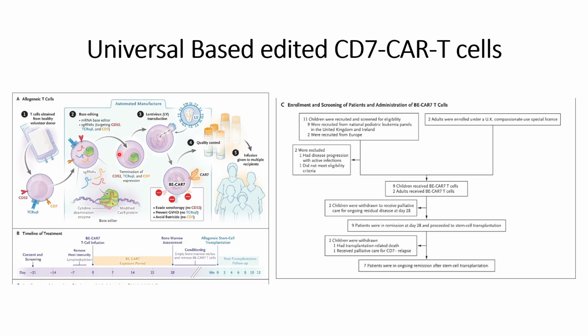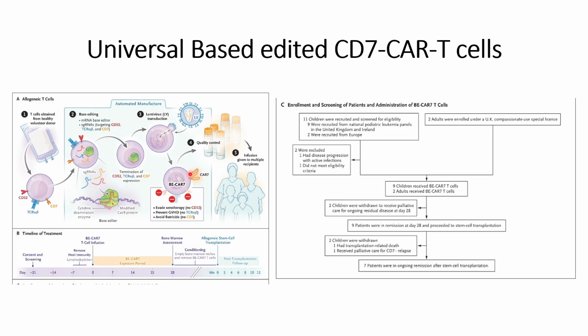So once the researchers have these T cells which are devoid of CD52, TCRαβ, CD7, they did the lentivirus transduction of these T cells so that they express the CAR7 antigens.